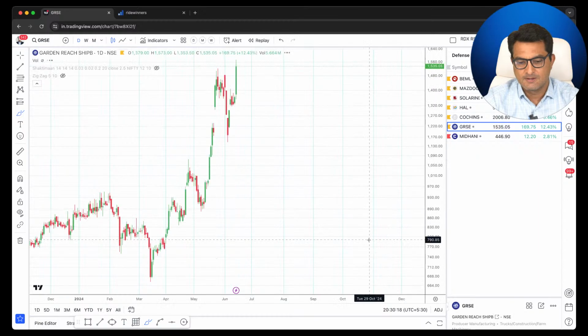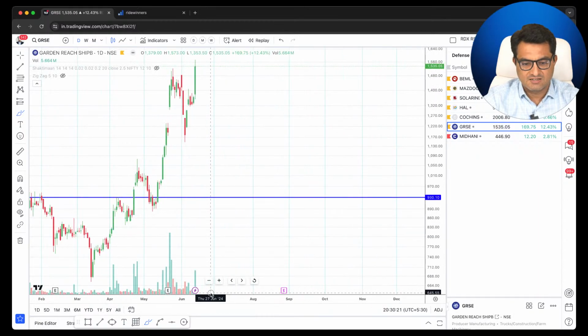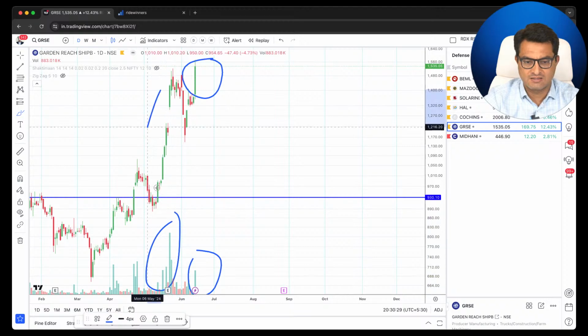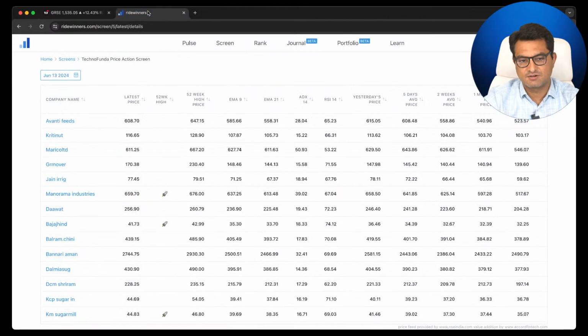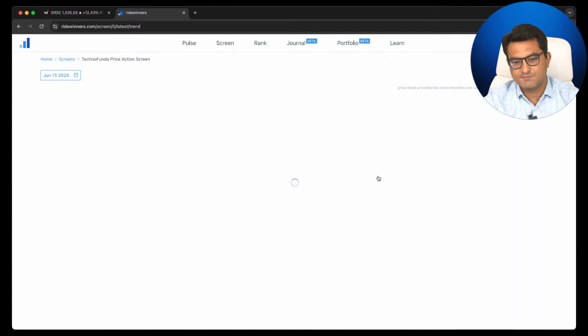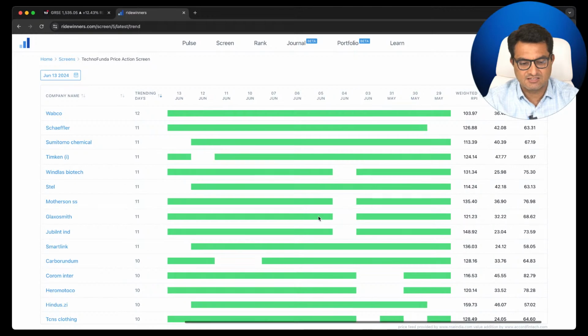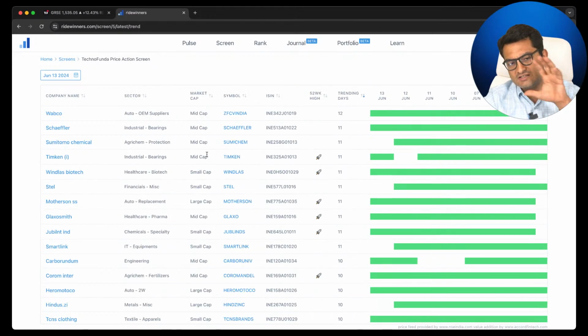If you see over here, there is a spike in the price and a spike in the volume. Here too, a spike in the price, spike in the volume. All these things get captured here, and this continues for a period of time. So there is a trend that gets generated, that every day there is a spike in the price and spike in the volume. So this is the first thing.